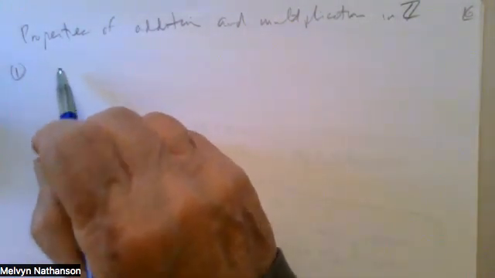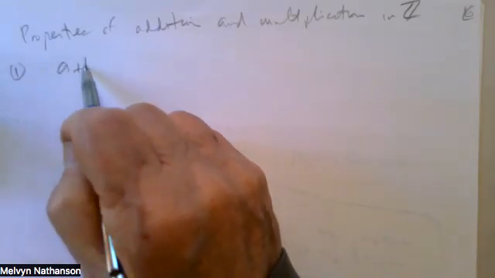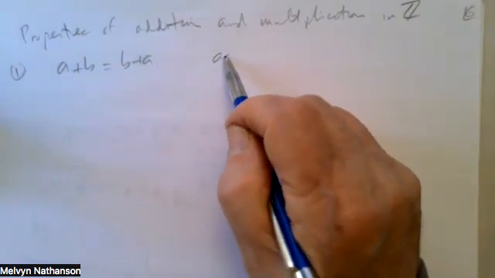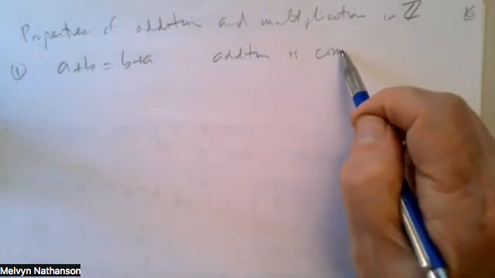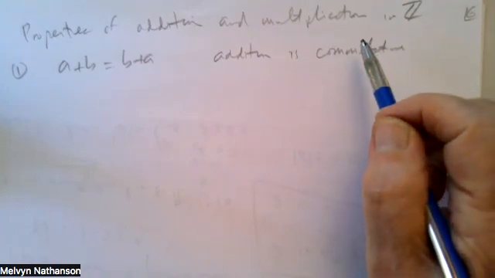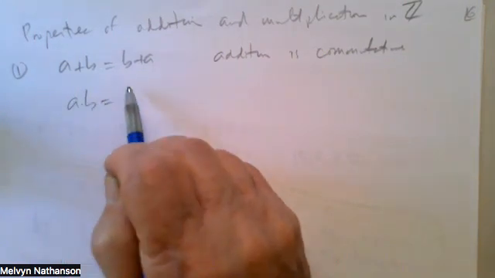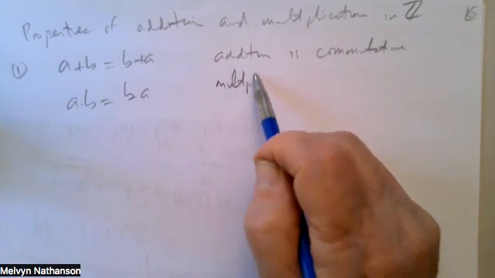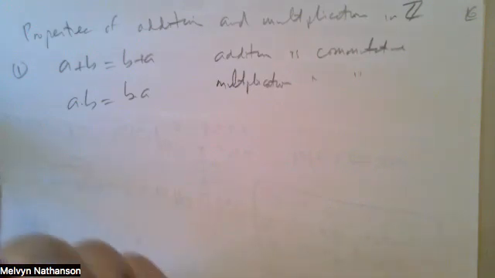The first property is, for all integers a and b, a plus b equals b plus a. That means, in mathematical language, addition is commutative. And also, a times b is b times a. So multiplication is also commutative.